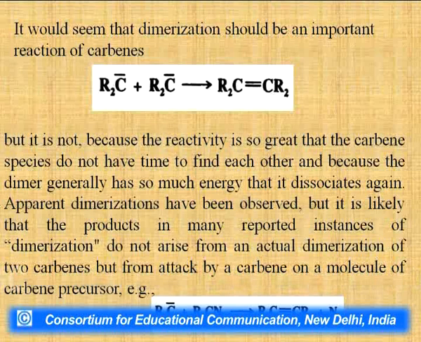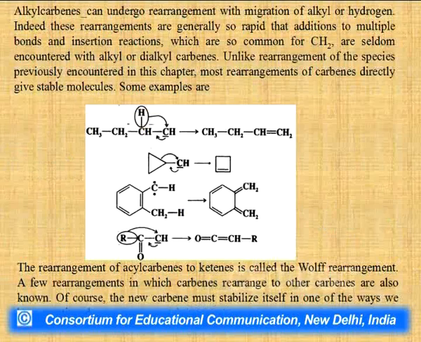It is likely that the products in many reported instances of dimerization do not arise from an actual dimerization of two carbenes, but from the attack of a carbene on a molecule of carbene precursor, as you can see in the reaction.